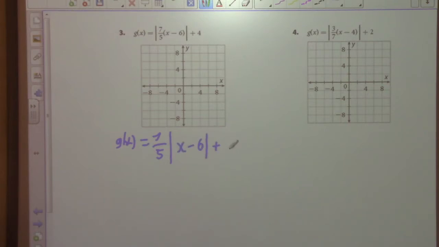And what we agreed upon, Rindy and others, was that the vertex for this was the point (6, 4), which is analogous to the h and k. So if we go to 6 here and 4, this will be our vertex.